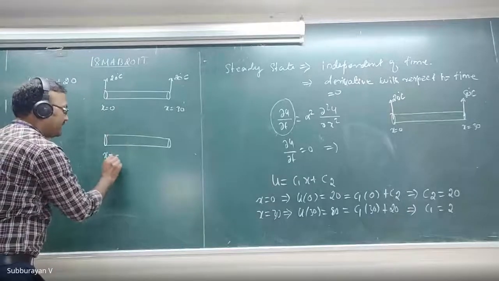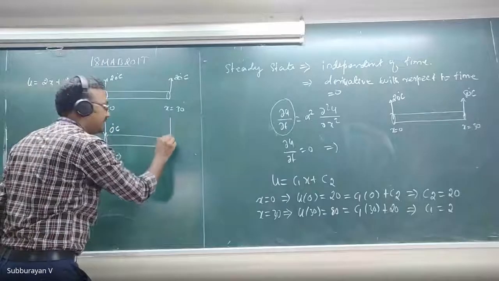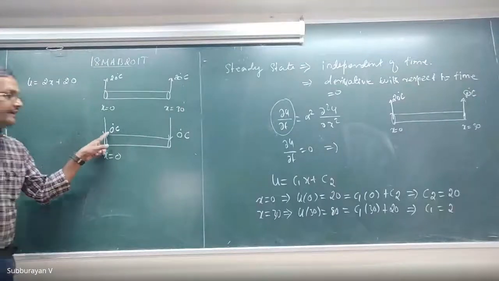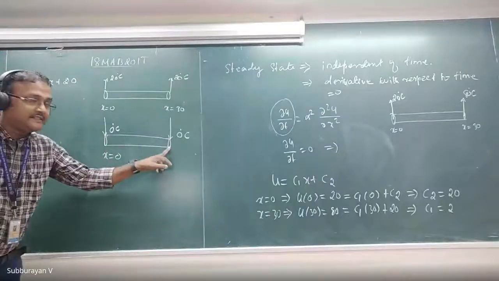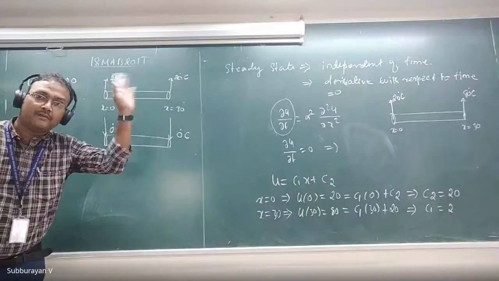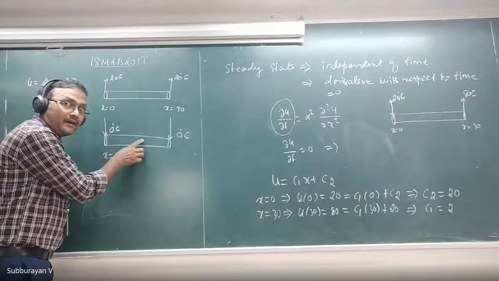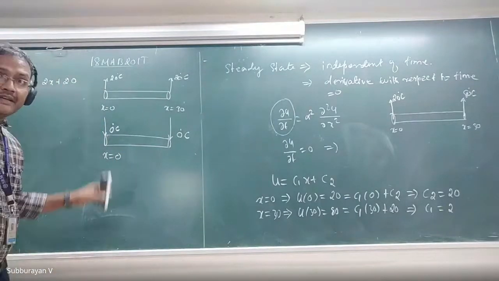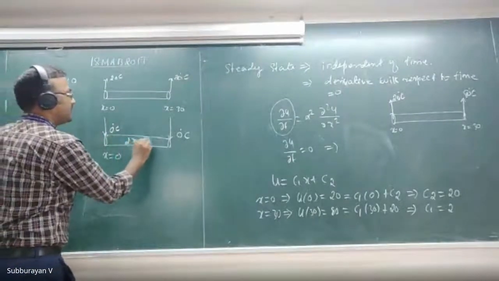At both ends, we reduce the temperature to 0 degrees Celsius and we maintain 0 degrees Celsius at both ends. But initially the temperature inside the rod is given by 2x plus 20.